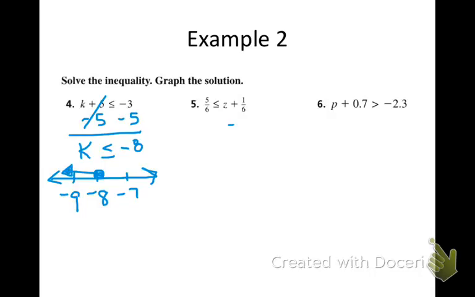For 5, we'll subtract 1/6 from both sides. 5/6 minus 1/6 is 4/6, which can simplify down to 2/3.